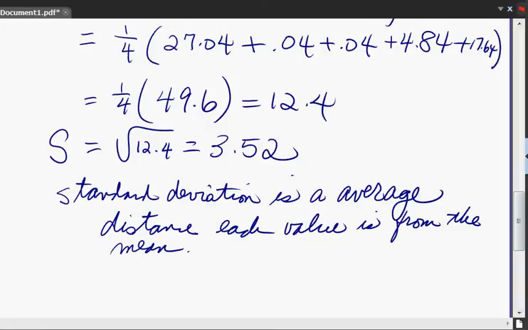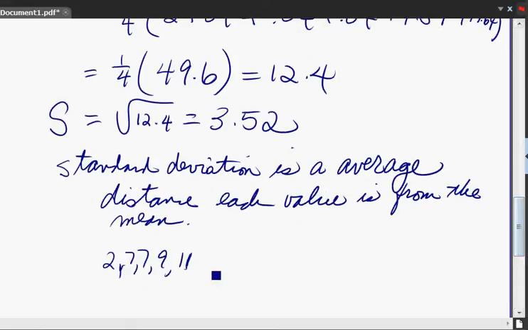So if I think of that data set of 2, 7, 7, 9, 11, and I think of how far each one of those numbers is from 7.2, the average distance each one of these is from 7.2 is about 3.5, or 3.52.